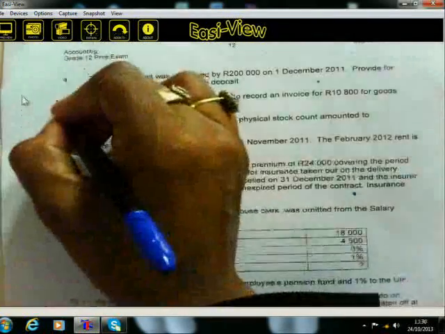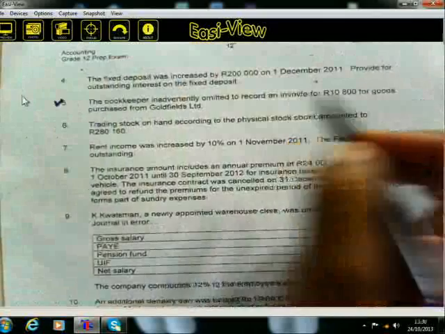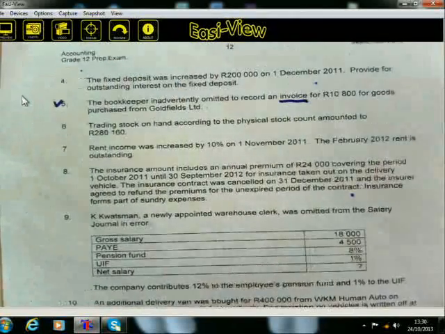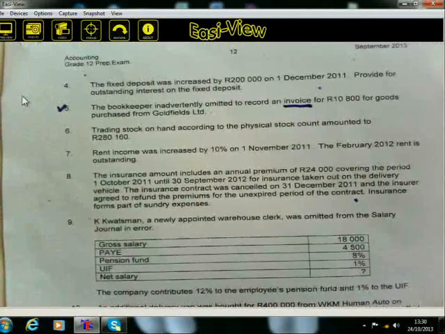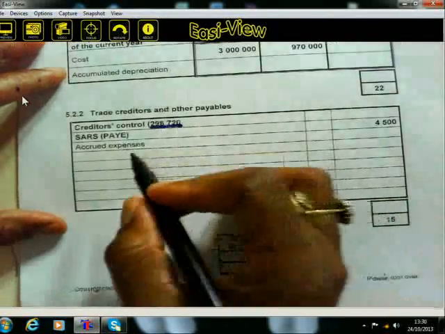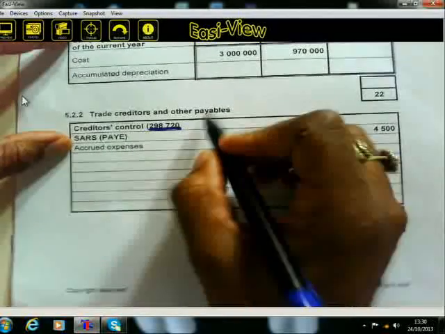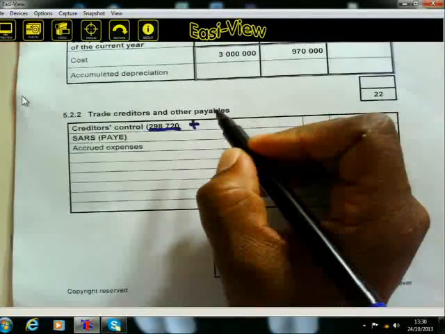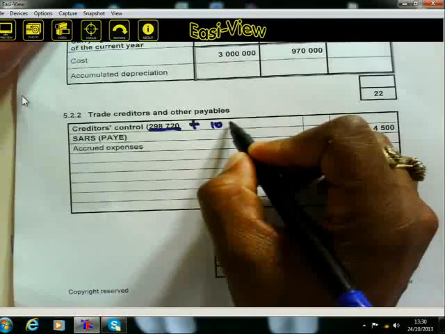This one affects us because the minute it refers to an invoice, it means a credit purchase was made. So we need to add it to our creditors control. So we say plus 10,800.